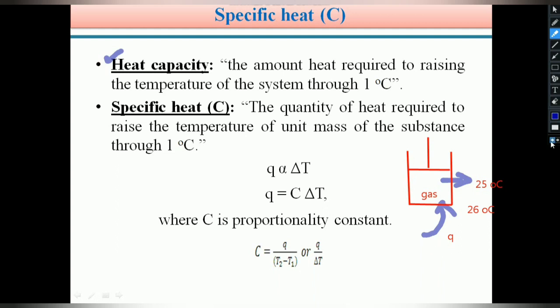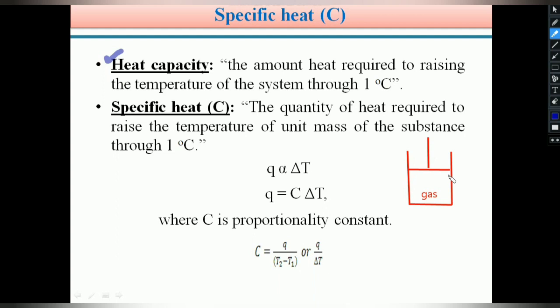Next, specific heat. For explaining specific heat, we can see the definition: the quantity of heat required to raise the temperature of unit mass of the substance, or here substance means a system, through 1 degree centigrade.